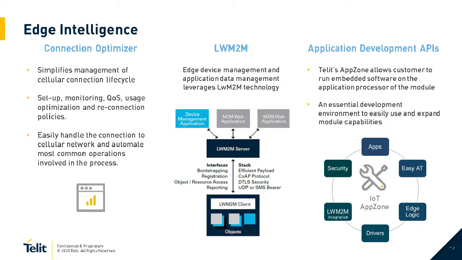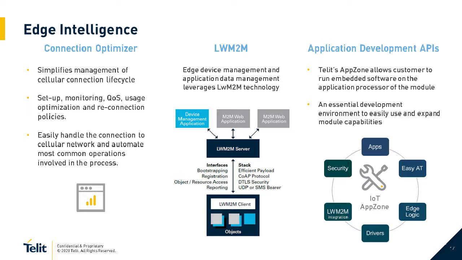When we talk about edge intelligence, we talk about having software that makes it extremely easy to build rich applications. From a connection optimizer that helps bridge and manage that cellular connection from the device to the cloud, to the lightweight M2M link, which is so important these days for efficient communications from IoT devices, especially IoT devices in the lower categories of LTE, whether it be Cat 1, Cat M, narrowband IoT.